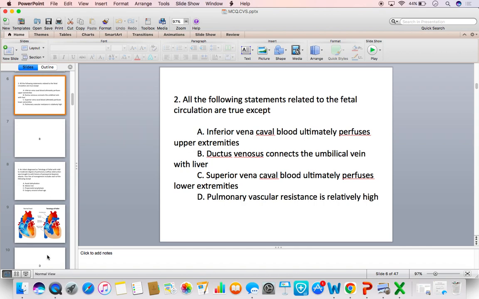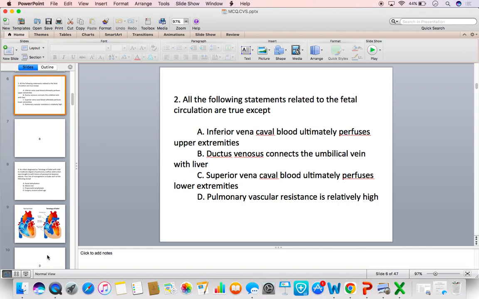And the pulmonary vascular resistance is high during fetal life. Yes, this is right. So what is false is the ductus venosus is the structure that connects the umbilical vein not with the liver, but with the inferior vena cava.